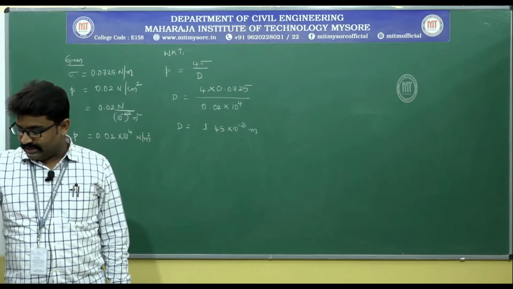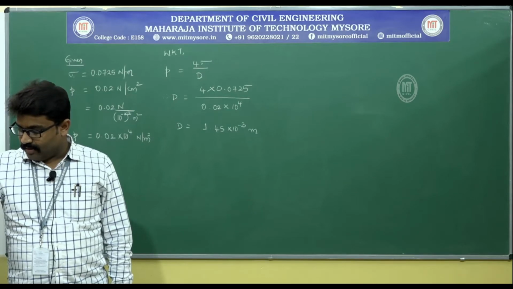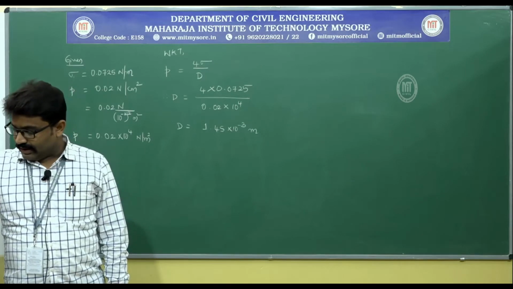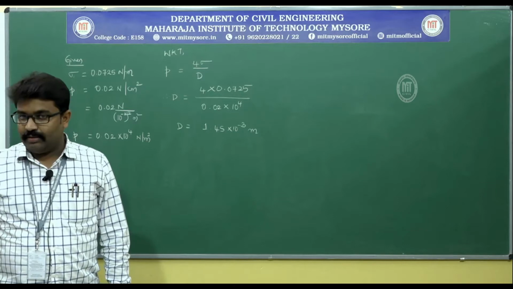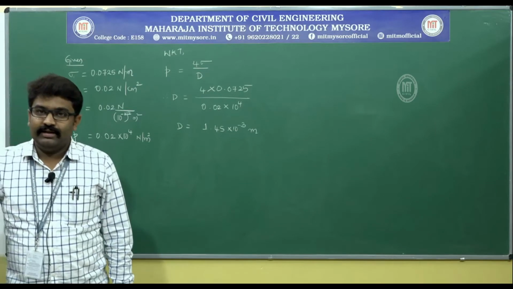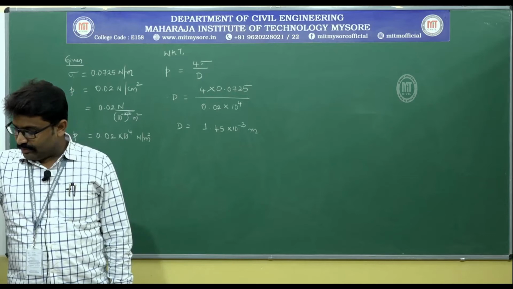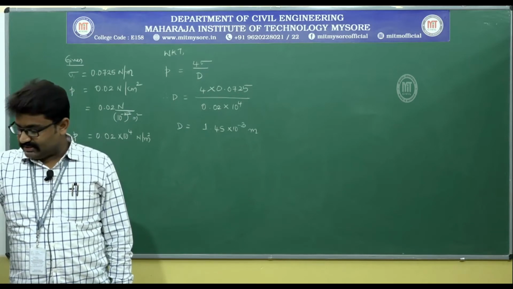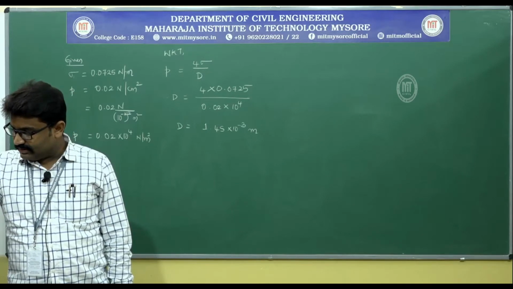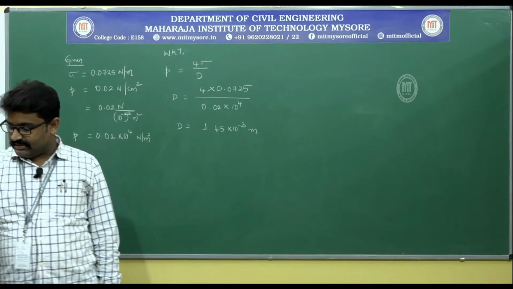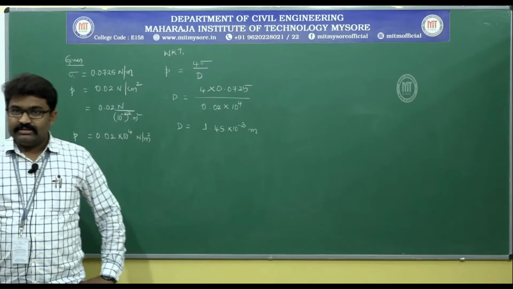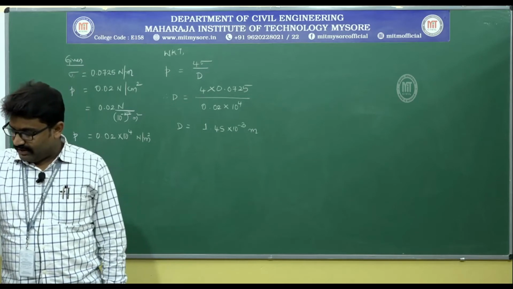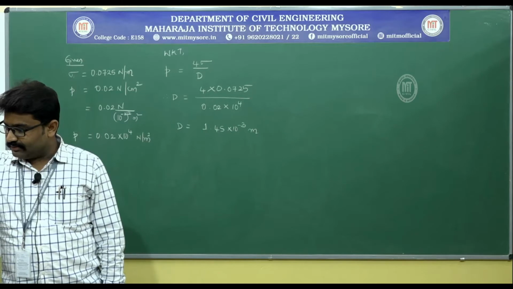Calculate the pressure within the droplet if the surface tension is given as 0.0725 Newton per meter.